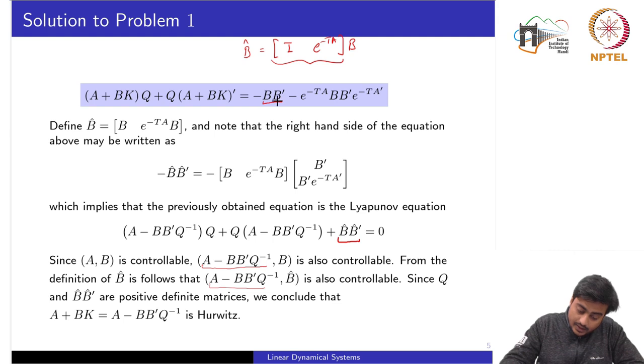So B into B transpose would be, at least, it would be positive semi definite. It cannot be negative, right? Now this part, because of the exponential matrices, it would always be positive definite. So if I add a positive semi definite matrix to a positive definite matrix, the resultant would always be positive definite, right? Because of this, we conclude that this matrix would always be a Hurwitz matrix.